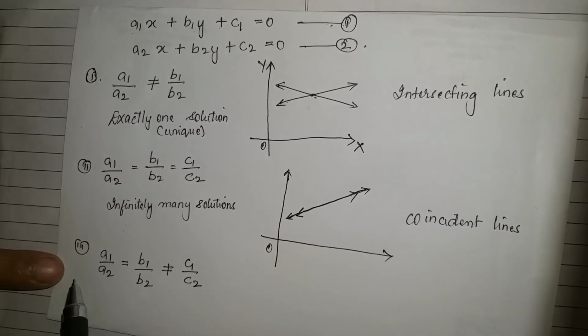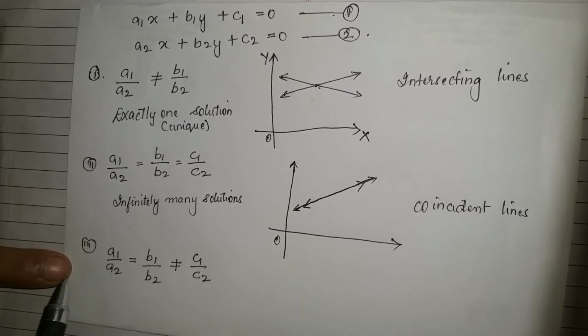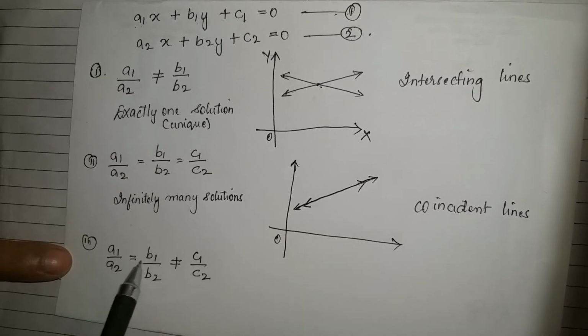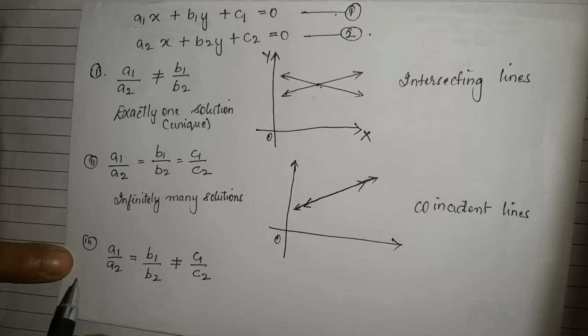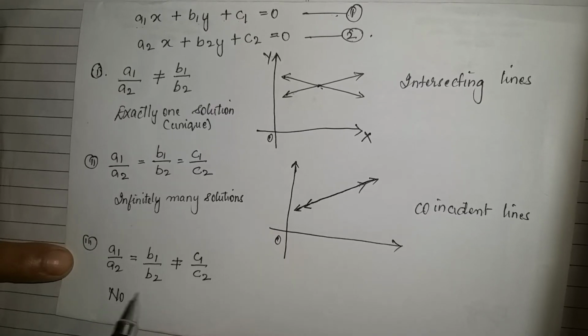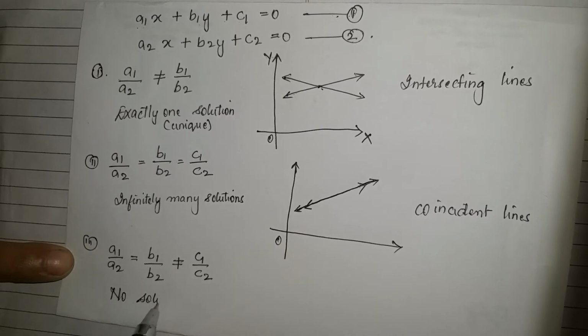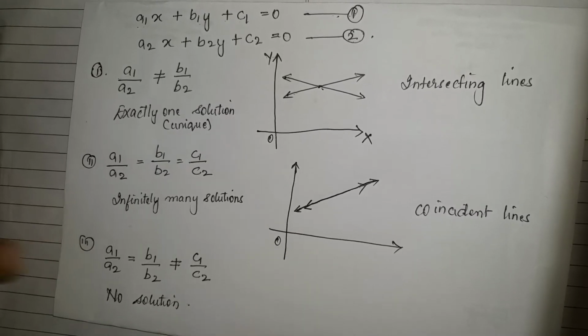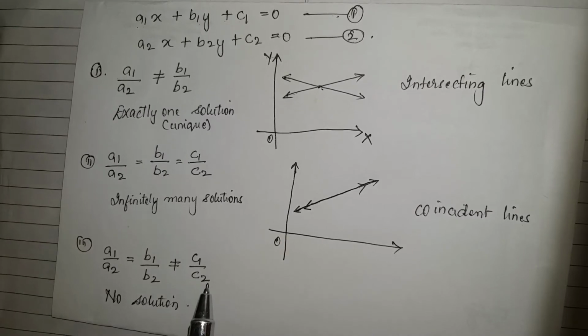Now, in the third case, suppose we have the ratio a1 by a2 equal to b1 by b2 and not equal to c1 by c2, then we are going to get no solution. We are not going to get any solution in this case.